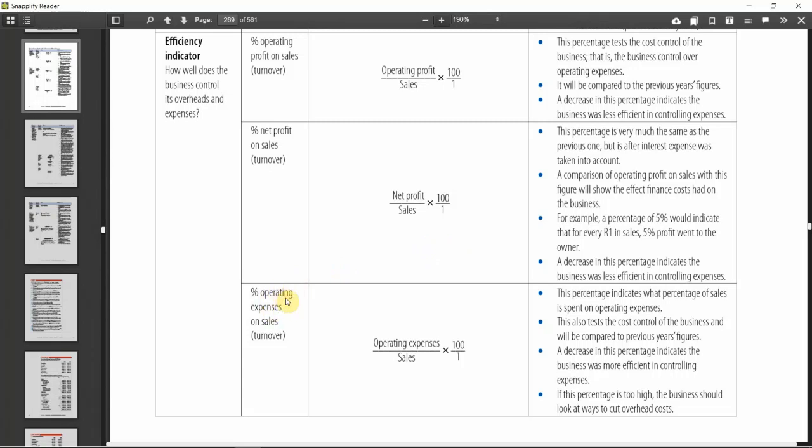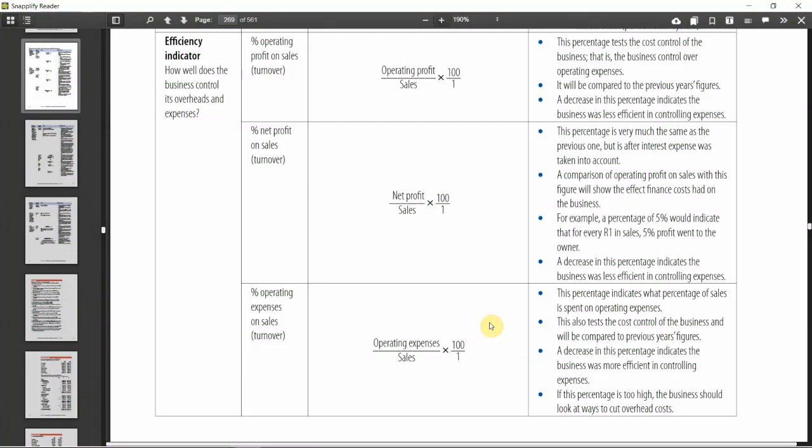The third variation of our efficiency indicator is the percentage operating expenses on sales or turnover. Now, again, it is basically what it says, operating expenses at the top, and we have sales on the bottom because it's on sales, and we want a percentage, so we multiply by 100 over 1.